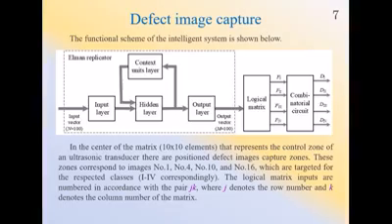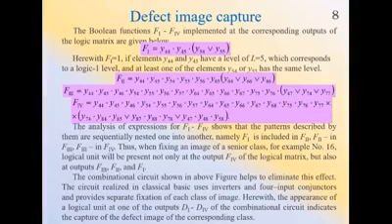The logical matrix inputs are numbered in accordance with the pair JK, where J denotes the row number and K denotes the column number of the matrix. The Boolean functions f1, f4 implemented as the corresponding outputs of the logic matrix are shown on slide 8.